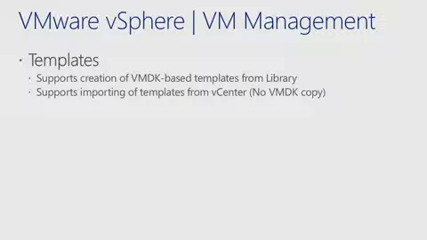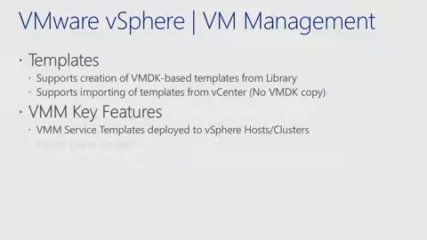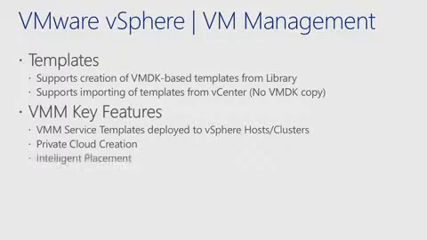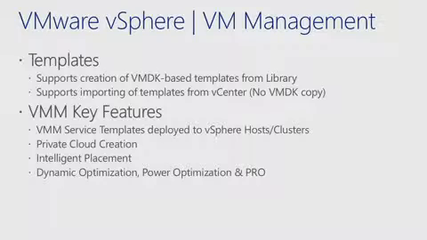We just deploy it directly from the vCenter library as it stands. And we can deploy service templates, we can create private clouds, and intelligent placement when we're deploying virtual machines will kick in and help us best place them. Dynamic optimization, power optimization, and PRO all work with VMM with a VMware infrastructure under VMM, and live migration and storage live migration, or vMotion and storage vMotion in the VMware world.